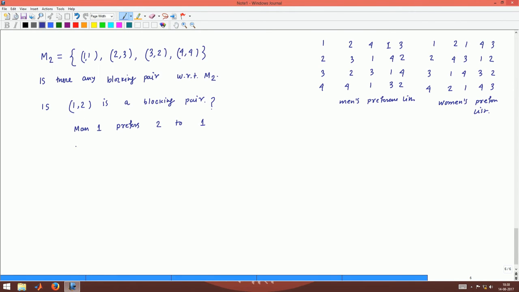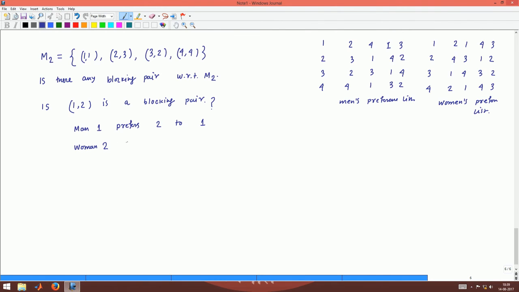What about woman 2? Woman 2 is matched with 3, but she does not prefer 1 to 3.